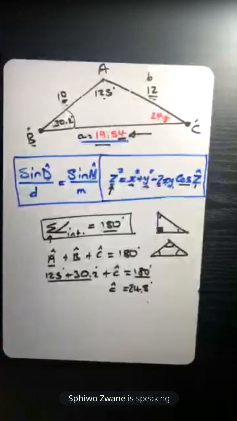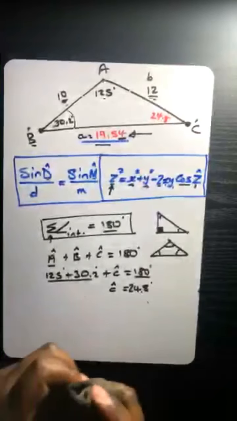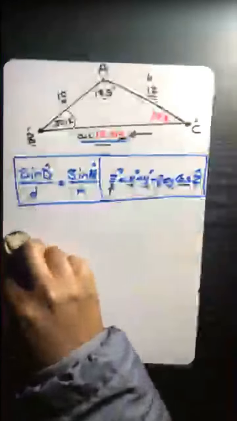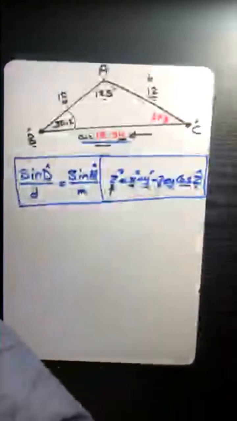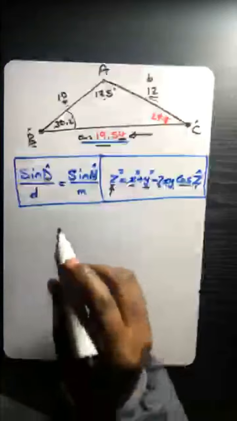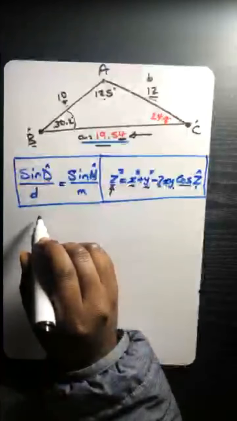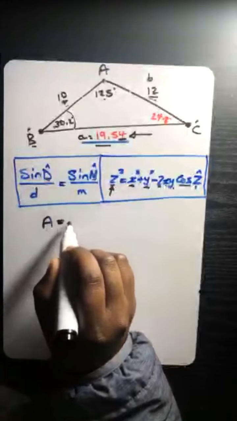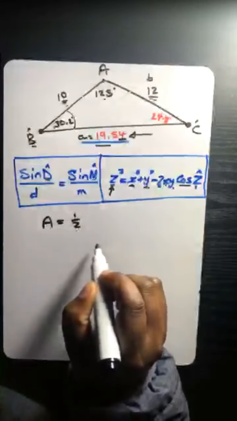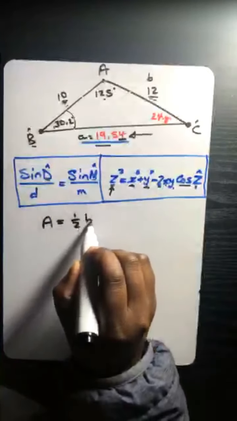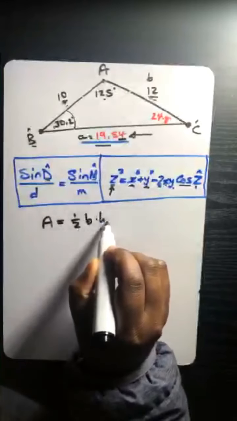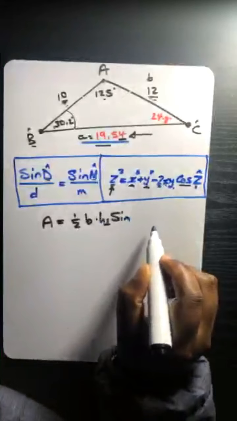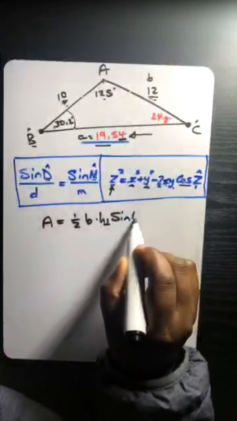So now, let's try to calculate the area. We just know that the area is equal to half, because it's half of a triangle, then the breadth multiplied by the perpendicular height or the height sine of an angle.